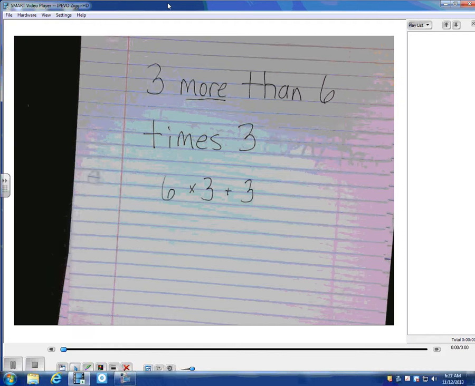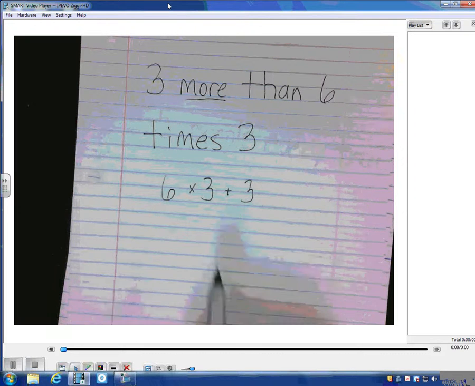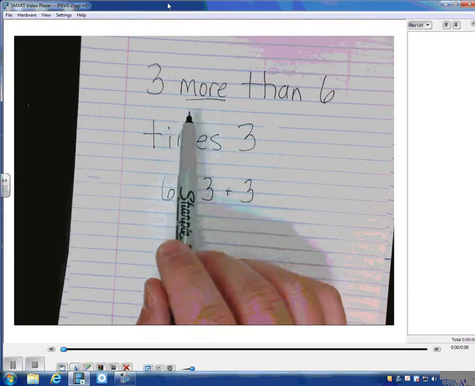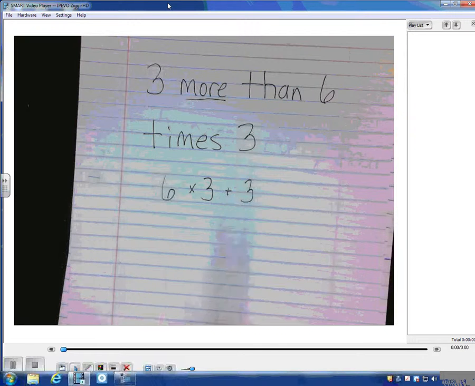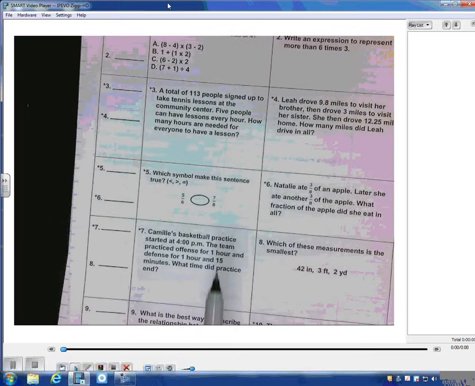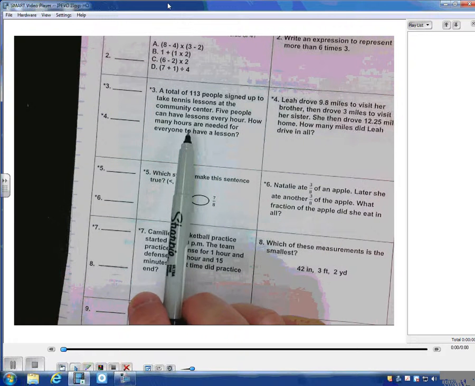Okay, so number 12 is going to look very similar to this one. Just remember that when you see the word more, you're adding to something. You're gaining something.